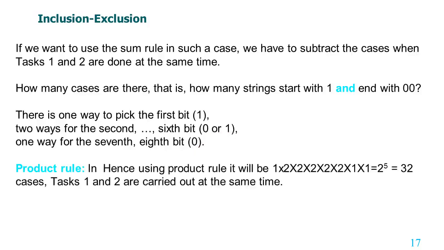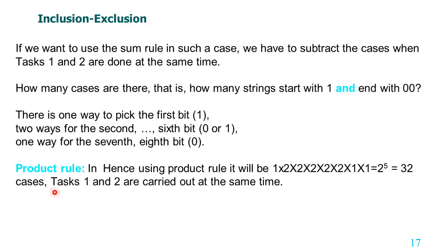Using the product rule: 1 times 2 times 2 times 2 times 2 times 2 times 1 times 1, that is 2 to the power 5, which is 32.